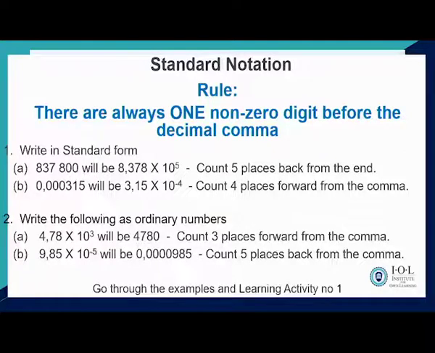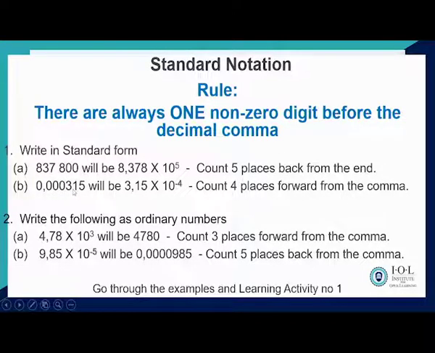Then the next one, if you have all those decimal places, 0.000315. I have to get my comma after the first digit, so between the 3 and the 1. So I count 1, 2, 3, 4 places. We go from the comma 1, 2, 3, 4 places.